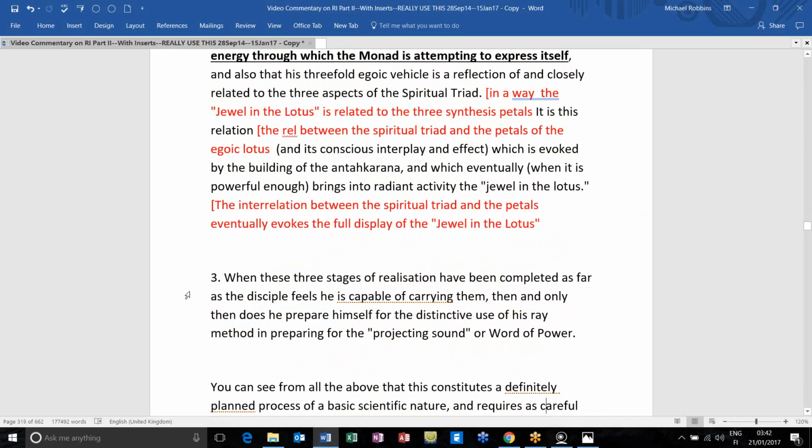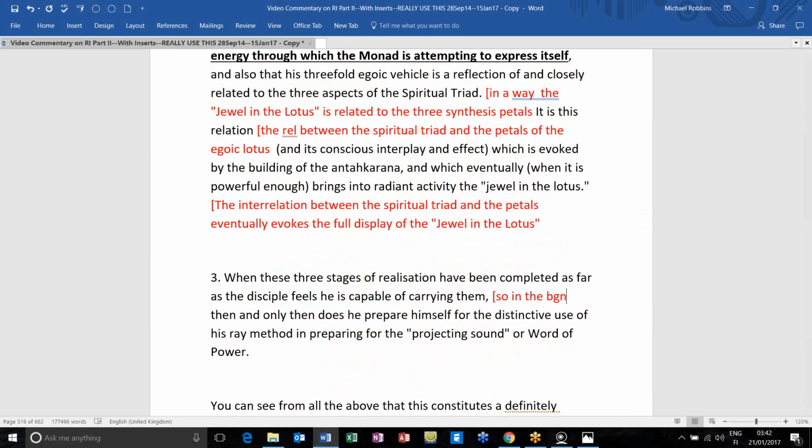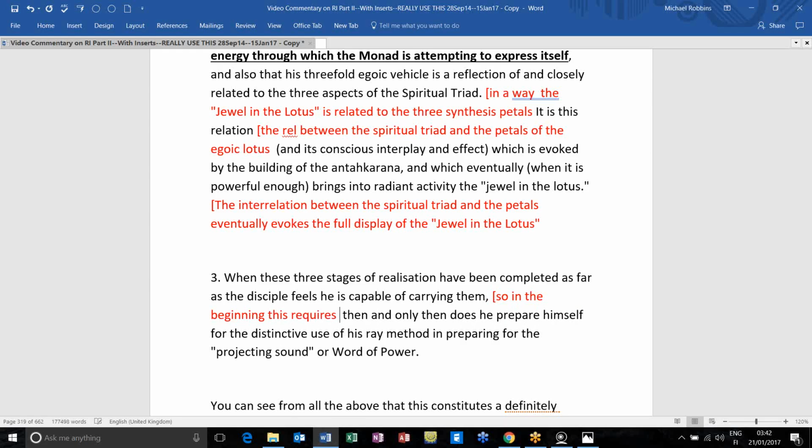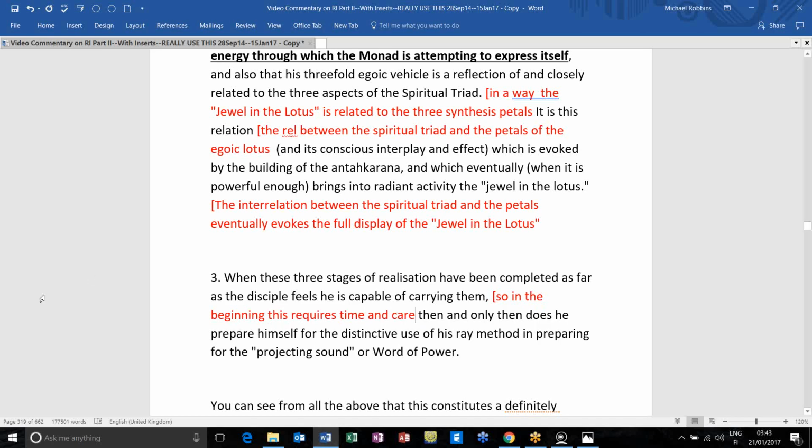When these three stages of realization have been completed as far as the disciple feels he is capable of carrying them, so in the beginning, this requires time and care. Then and only then does he prepare himself for the distinctive use of his ray method in preparing for the projecting sound or word of power.